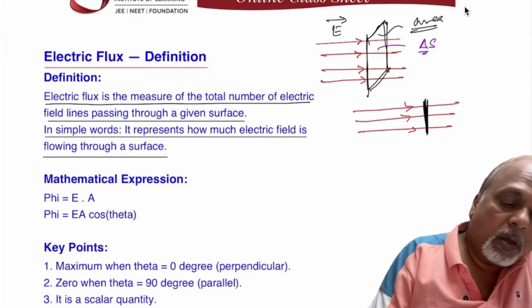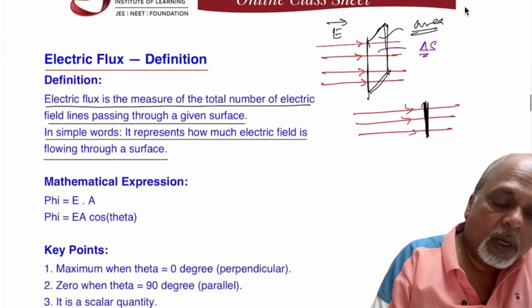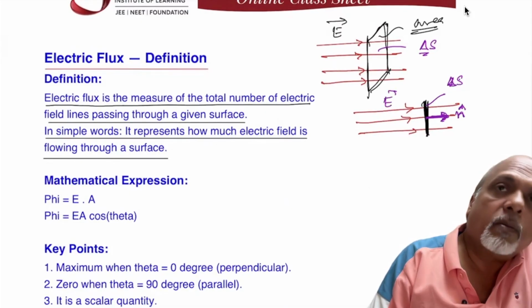Now, suppose this is the area perpendicular to this, then what will be its area vector? Area vector will be like this, normal. This is your area. This is your electric field.